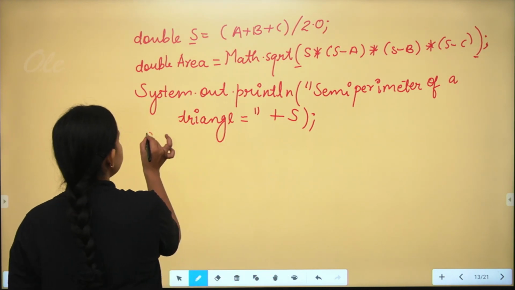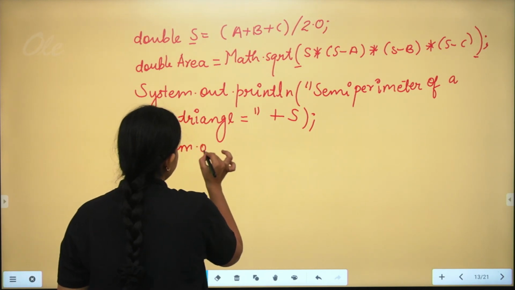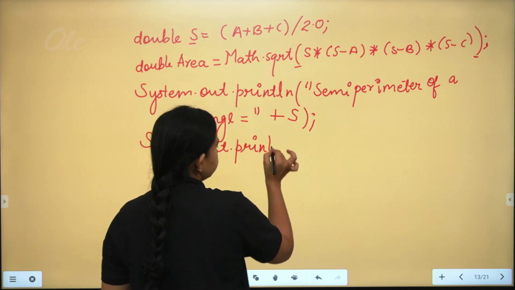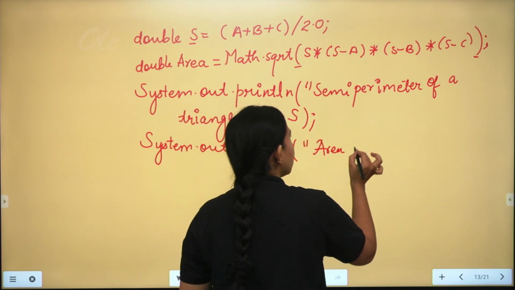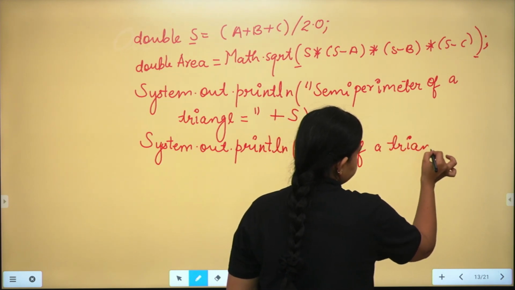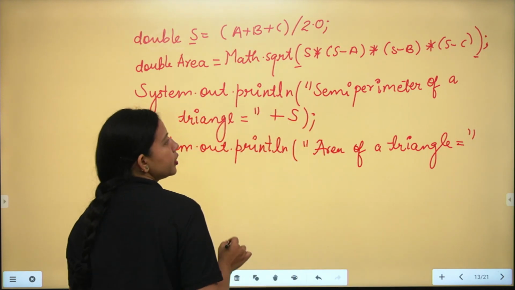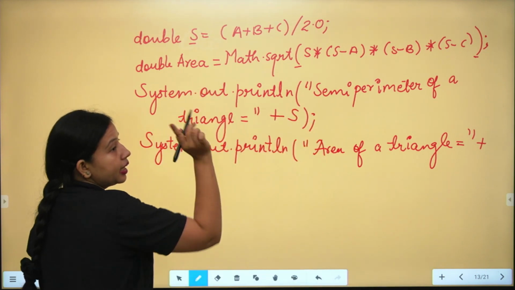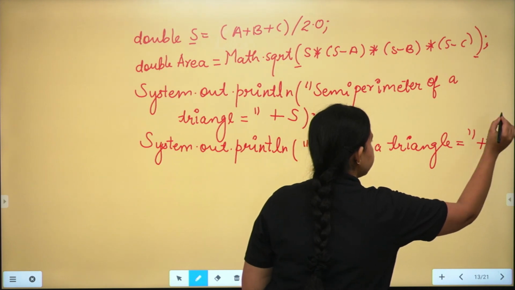Now, in the last, we need to display the area. So we will write System.out.println, area of a triangle equals. Now, again, you need to concatenate the variable. The area is stored in area, so we need to write the complete name.